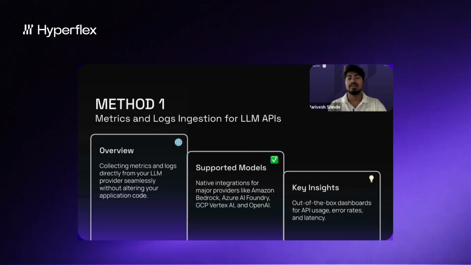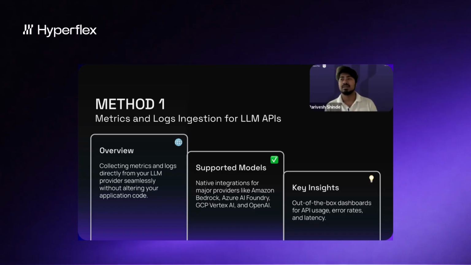So method one is collecting your metrics and logs directly from your LLM provider. Let's say you are utilizing an OpenAI subscription, their models, their APIs and all. You can observe their usage.